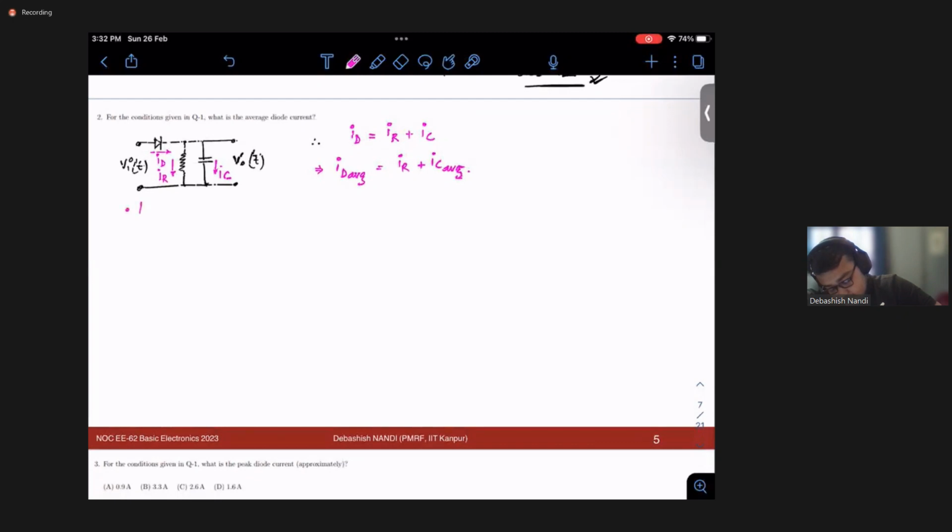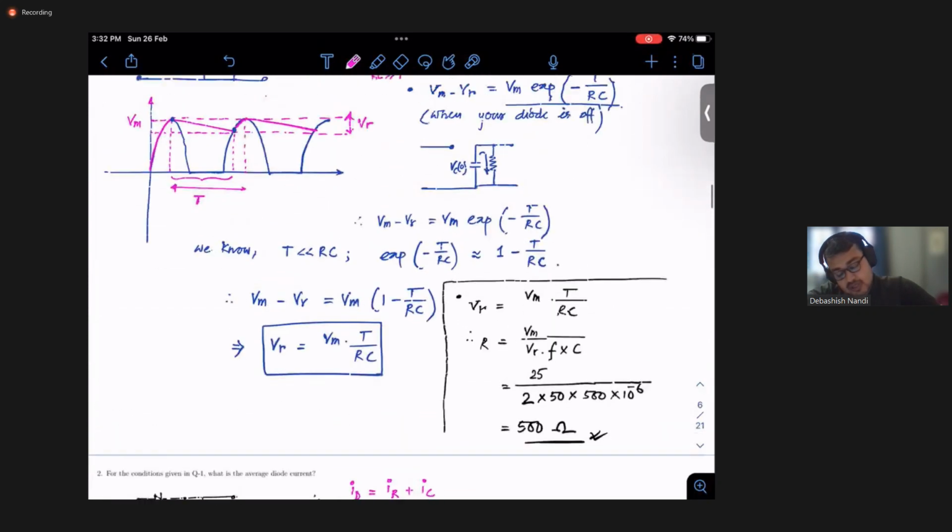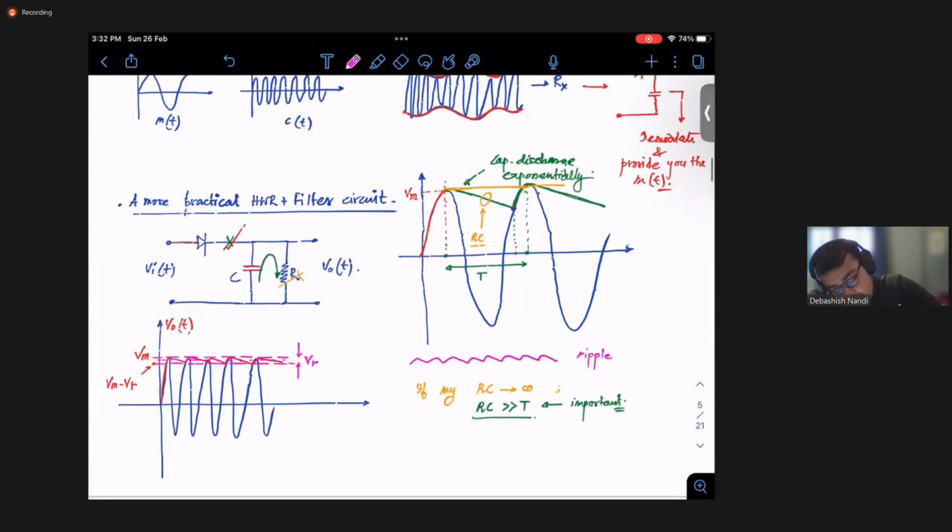Finding out IC average, we can simply equate the charges: IC average into delta T. Let me tell you what delta T is here. Delta T is this time duration, right?